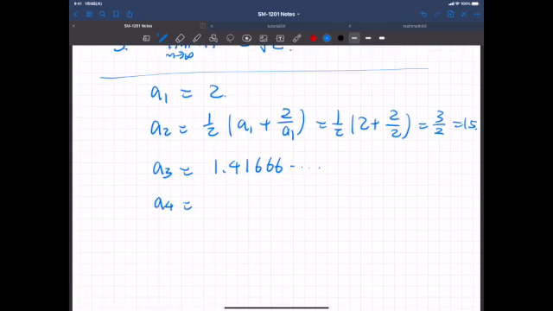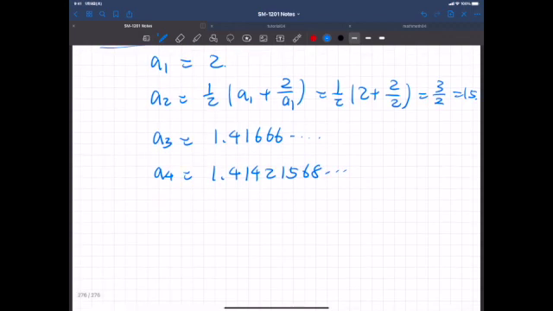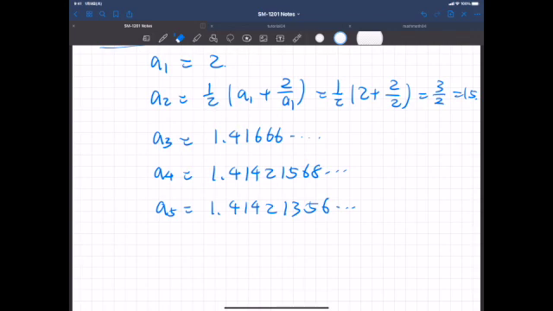And a4 should be 1.41421568, and so on. And a5 is 1.41421356, and so on. As you can see, this gets closer to square root of 2.